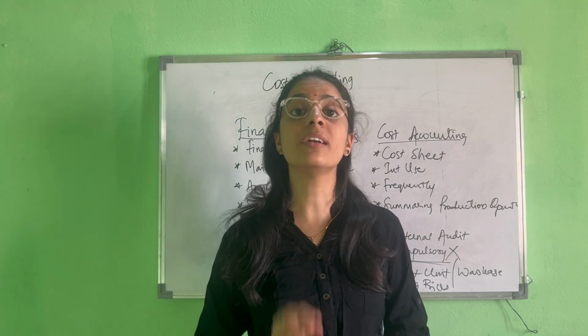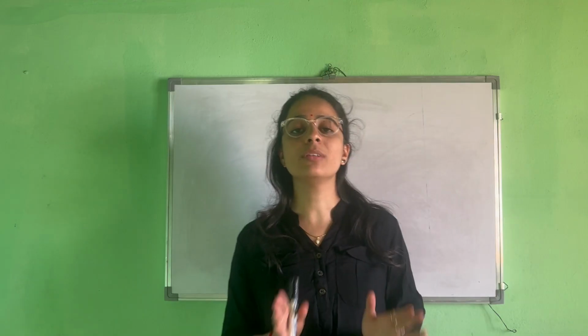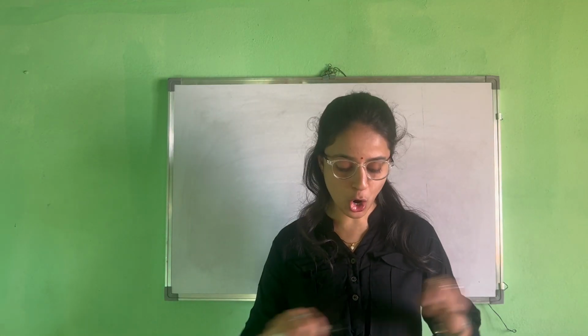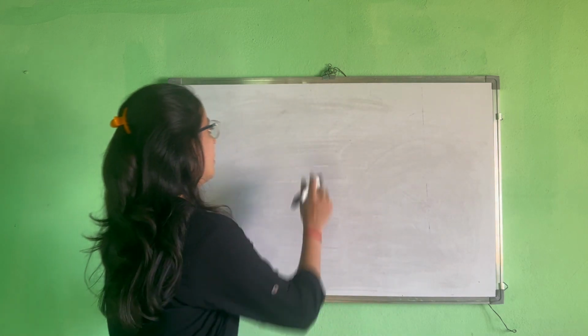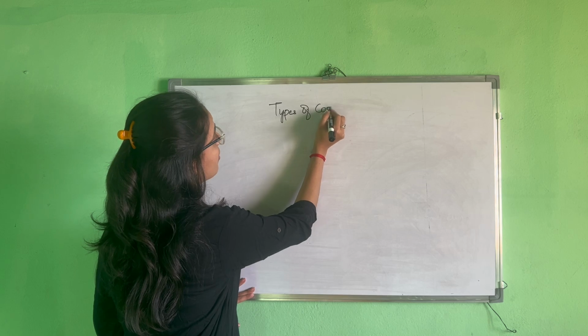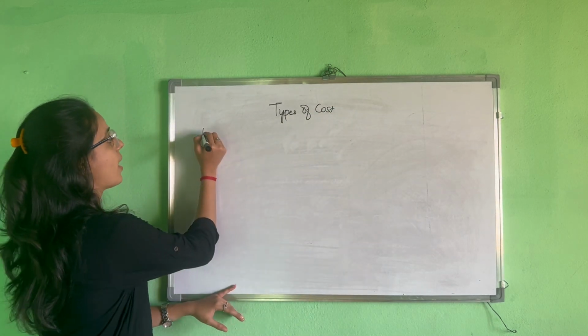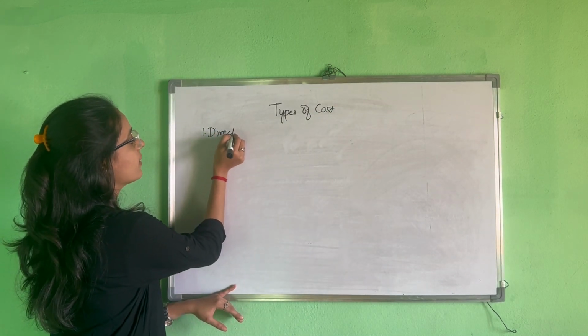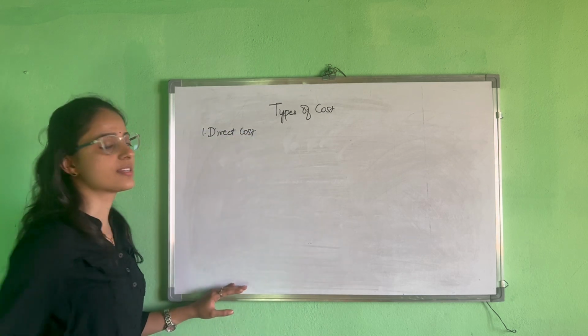Now let's look into the different types of costs. First one is direct cost.